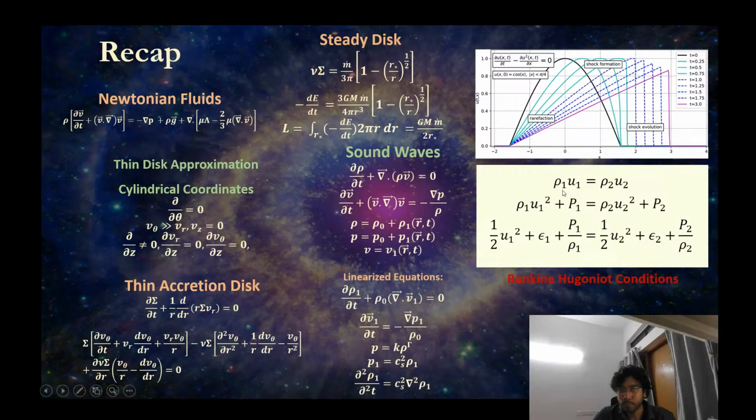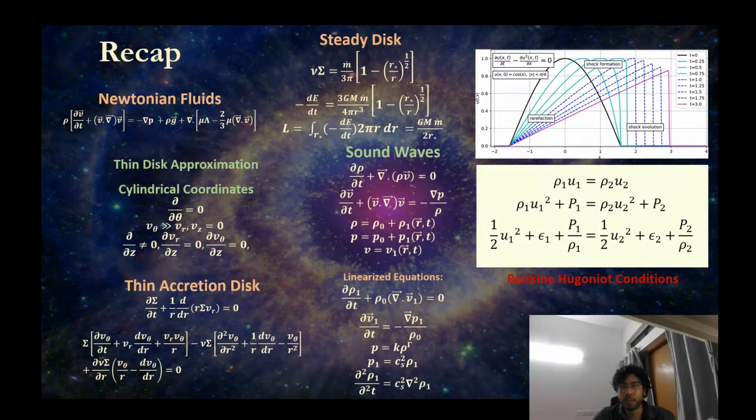So this is the mass flux, this is the momentum flux conservation, and this is the energy conservation before and after the boundary of the shock. So U1 is the velocity pre-shock, U2 is the velocity post-shock, and so on.